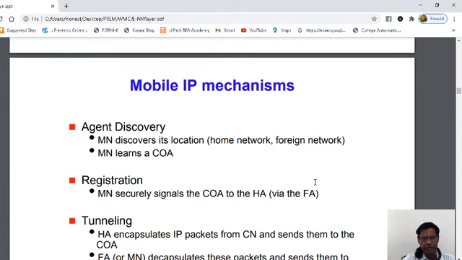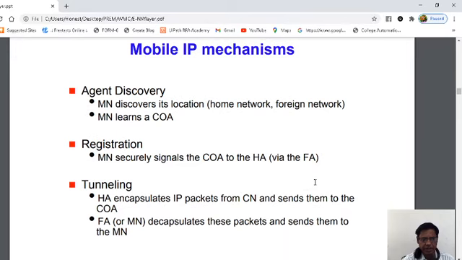Mobile IP mechanisms consist of agent discovery, registration, and tunneling. What is agent discovery? The mobile node discovers its location, whether it is in the home network or a foreign network, and learns a care-of address.